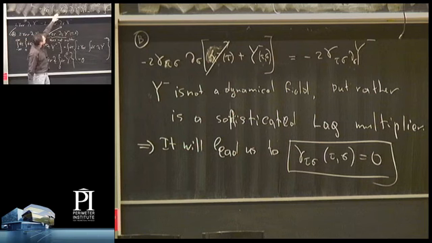This guy looks ugly. It has 1 minus x squared or something. And all I'm saying right now is that once we identify that y minus will be a constraint, I will show you that that constraint will lead to an exact solution for the off-diagonal component of the metric.